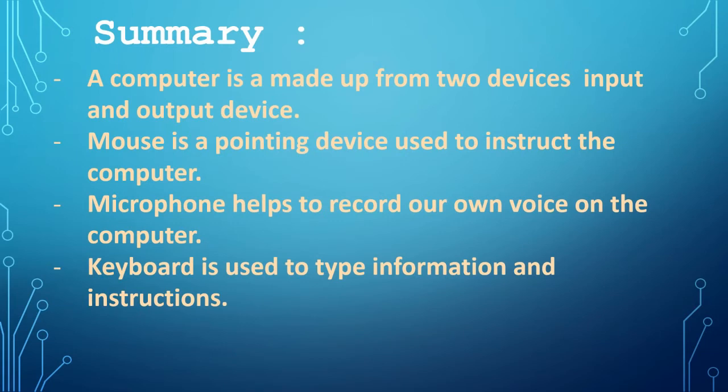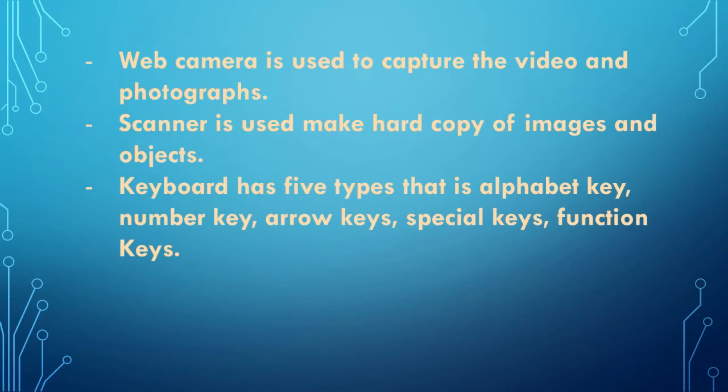The microphone helps us record our own voice on the computer. The keyboard is used to type information and instructions. The web camera is used to capture videos and photographs. The scanner is used to make a digital copy of images and objects.